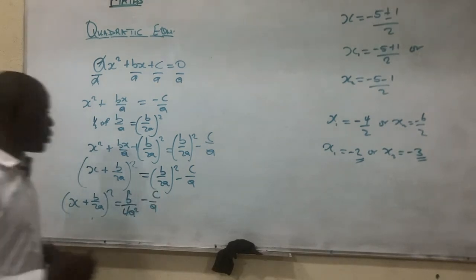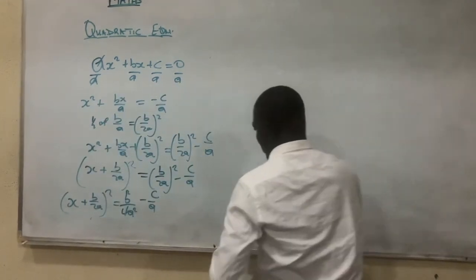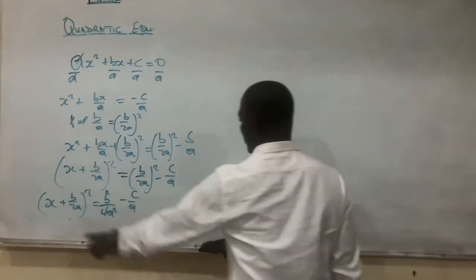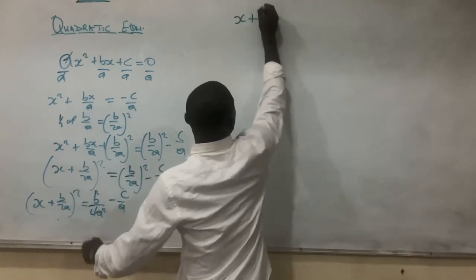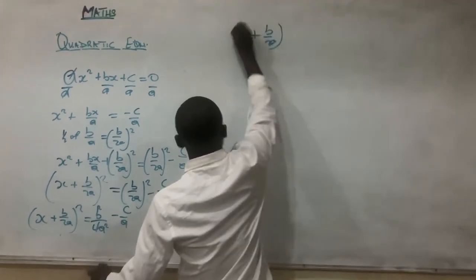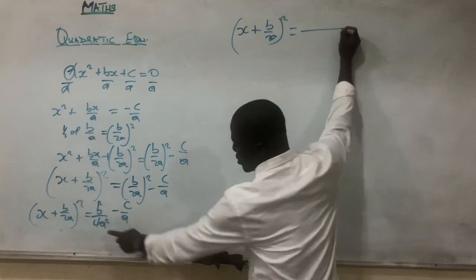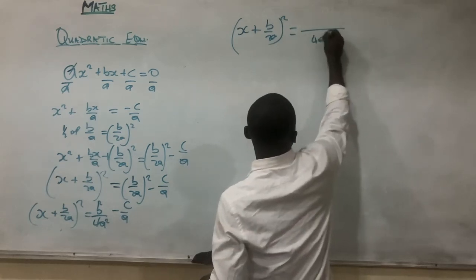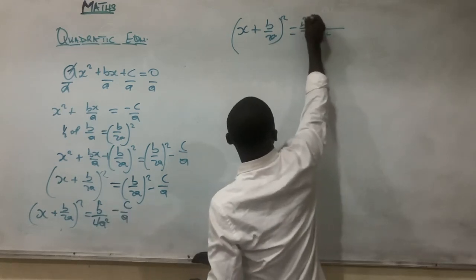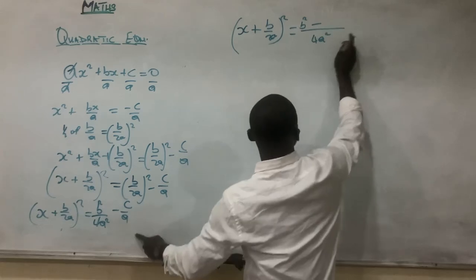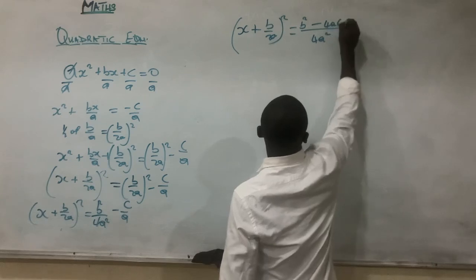So we continue further. I have x plus b over 2a all squared equal to, here the LCM is 4a squared. 4a squared into 4a squared gives 1. 1 multiplied by b squared gives b squared, minus a into this, which gives 4a, so 4a times c gives 4ac.